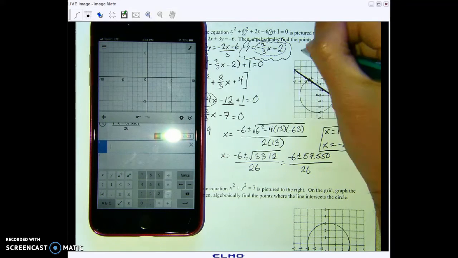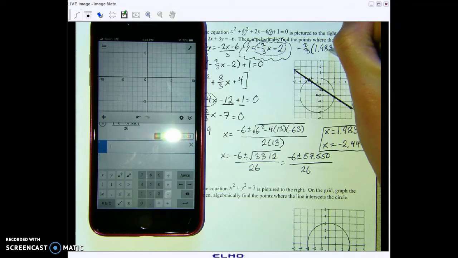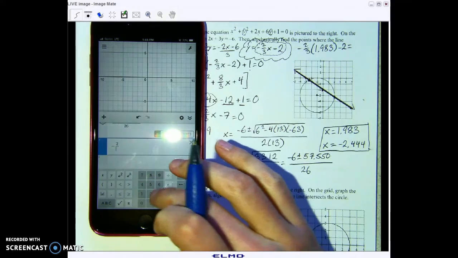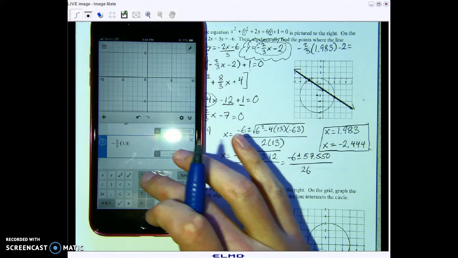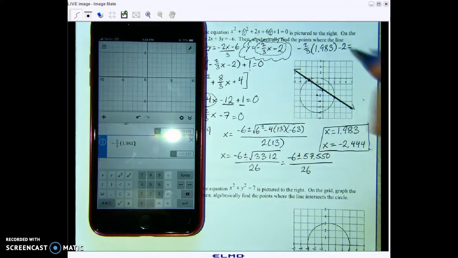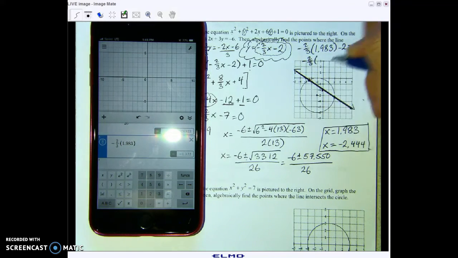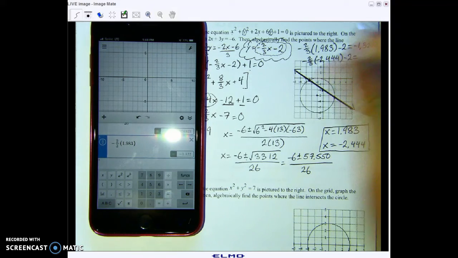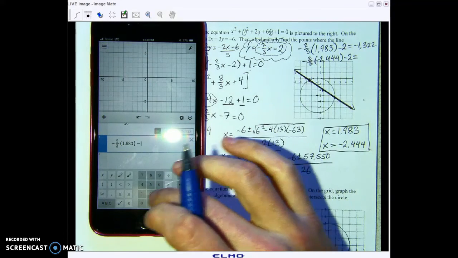So -2/3 of 1.983 minus 2 equals, let's see here, -2 divided by 3 times 1.983 equals -1.322, and then -2/3 times -2.444 minus 2 is going to equal, oops, I forgot to subtract 2.